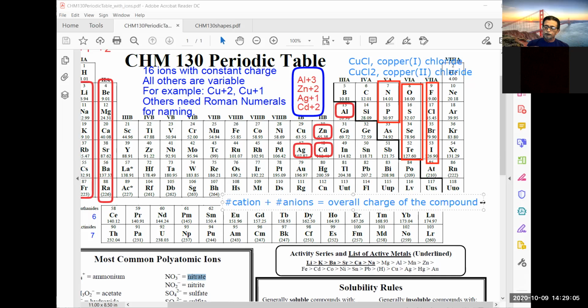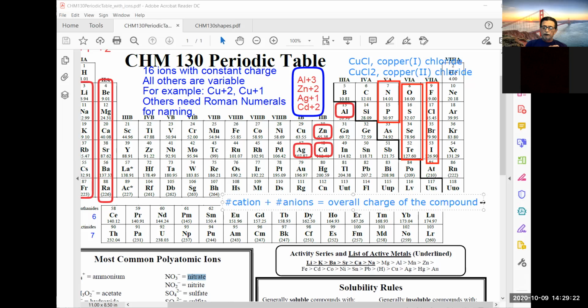And I said the overall charge because you can apply this equation to polyatomic ions, because those polyatomic ions have an overall charge. Let's say the nitrate has a negative charge.